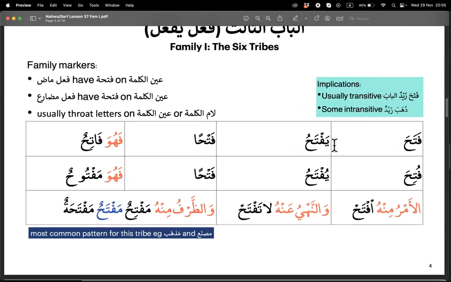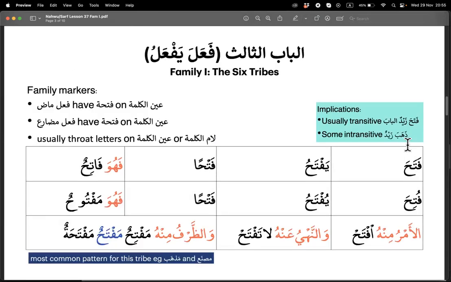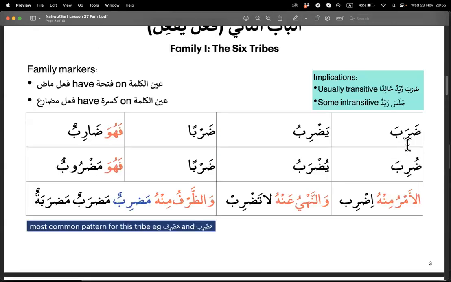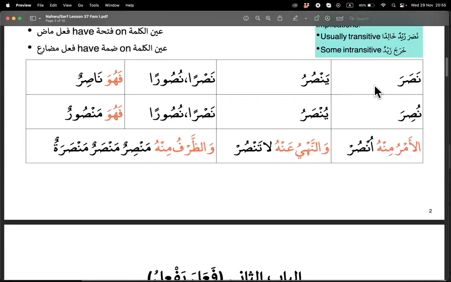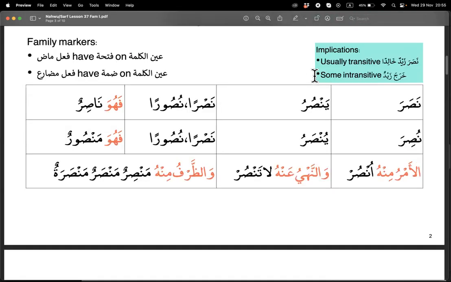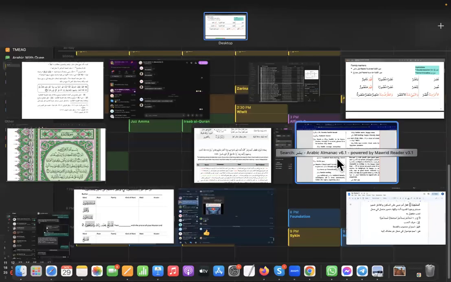Or the other way, if I give you a mudhari like Yaf'alu, for example, it could be Fataha, it could be Sami'a. So the thing is you will always have to see the dictionary, whether you see Madi or Mudhari, to see what is the Madi or what is the Mudhari. The only point of me asking you to memorize, if you want to, is for easy recognition only.